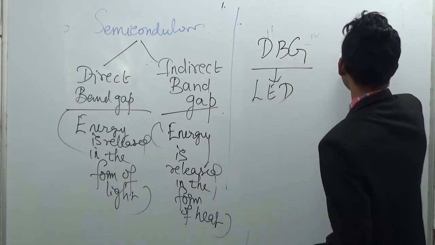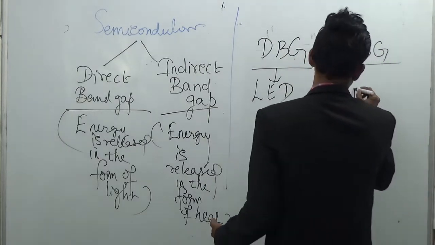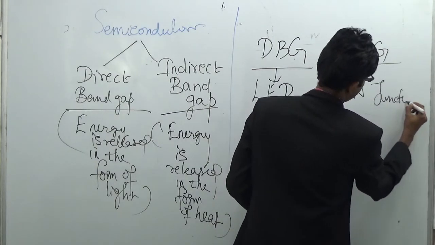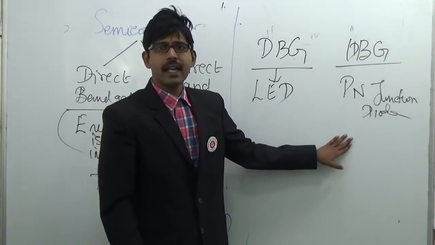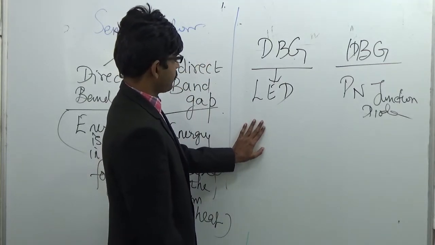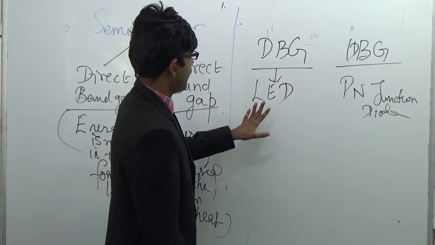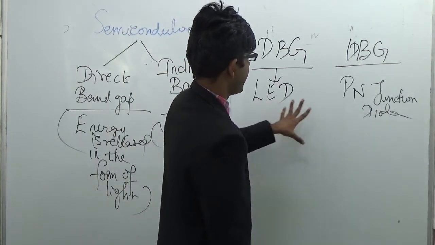For an indirect bandgap, the example is a normal p-n junction diode. Is it okay?